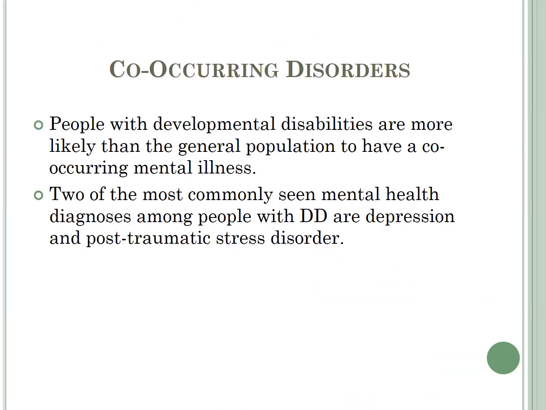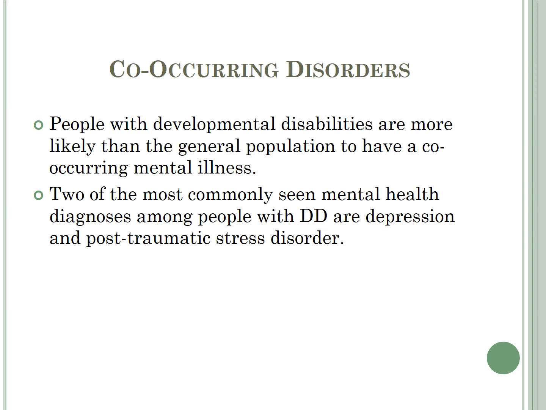And something that we think is really important as a county to include in the Train the Trainer is information about co-occurring disorders. The reason is that people with developmental disabilities are much more likely than the general population to also have mental illness. Two of the most commonly seen mental health diagnoses among people with developmental disabilities are depression and post-traumatic stress disorder.